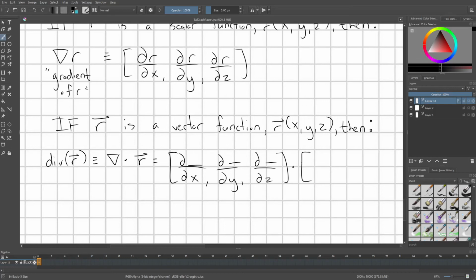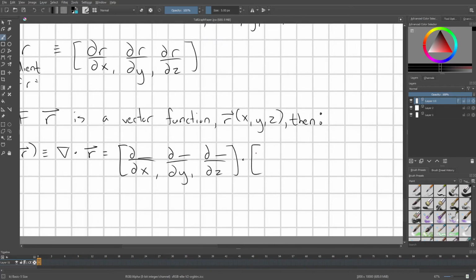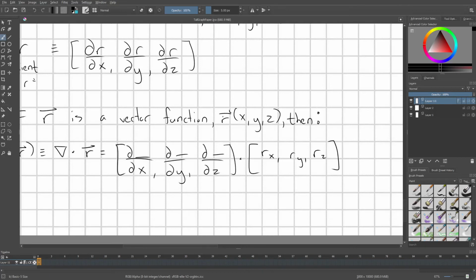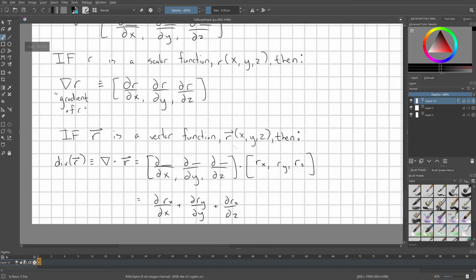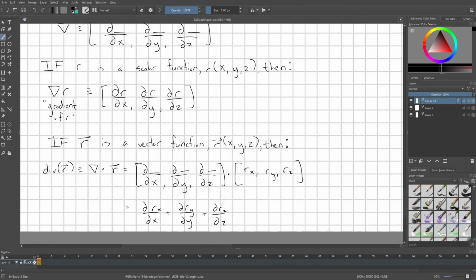Take this guy and we dot it with r, which is made up of rx, ry, and rz components. Then this guy would equal drx with respect to x plus dry with respect to y plus drz with respect to z. That's what the divergence of a vector field r refers to.